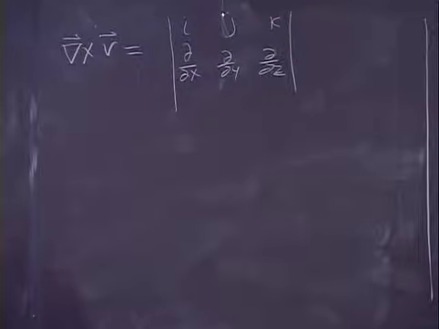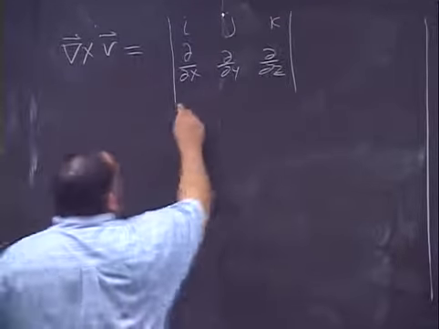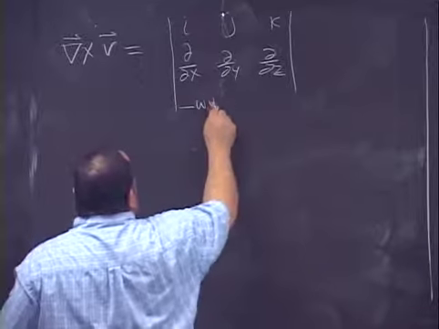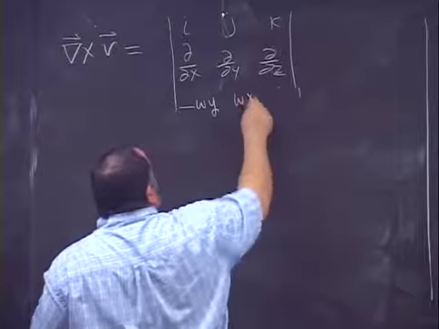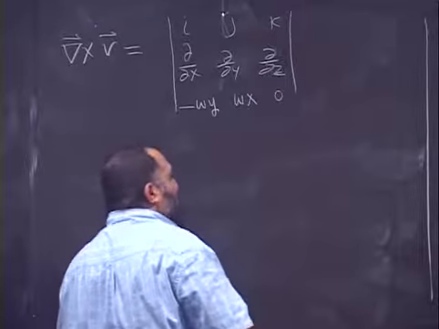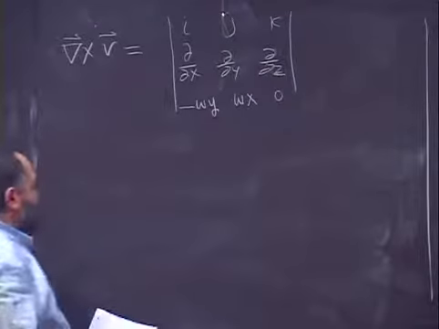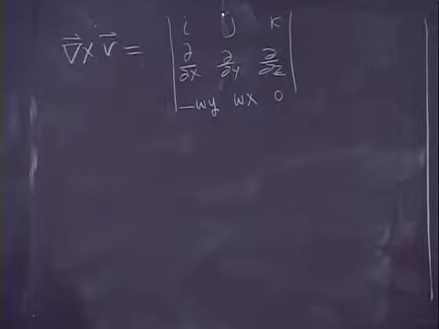Negative omega y in what? In the x direction, negative omega what? Y. And in the y direction there is what? Omega x. And in the z direction there is no component, because the velocity lies on the disk plane, and the disk plane is what plane? The xy plane. Yes, guys?